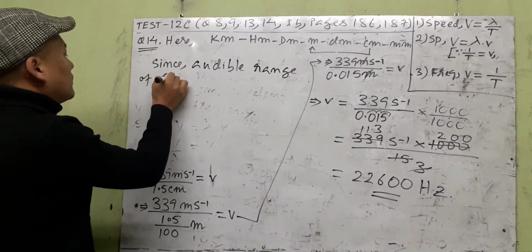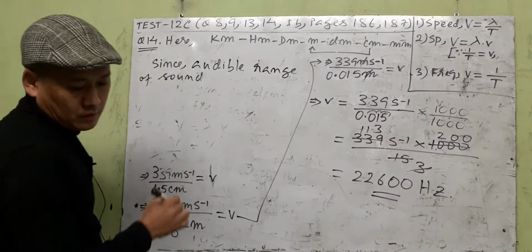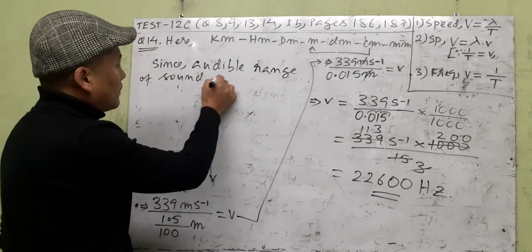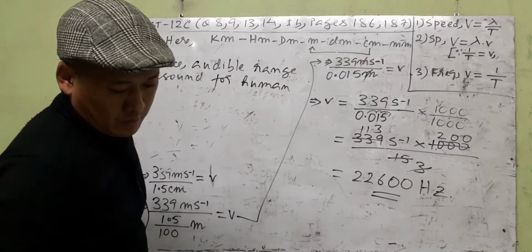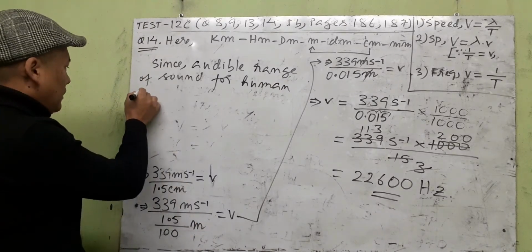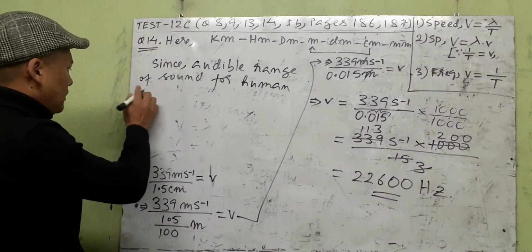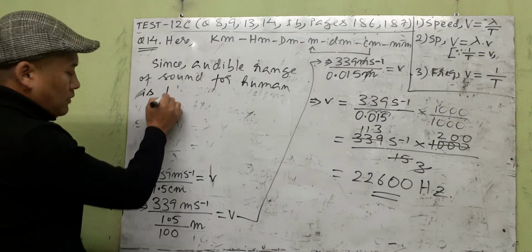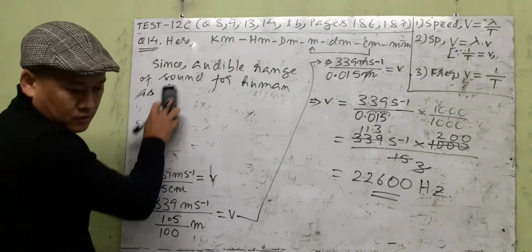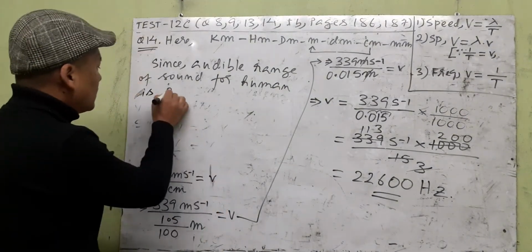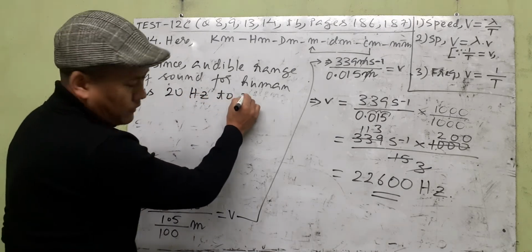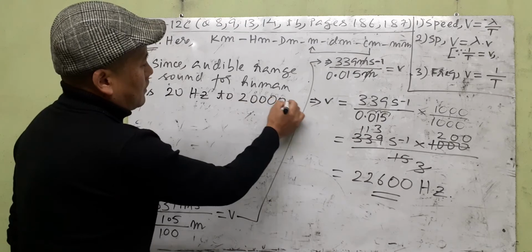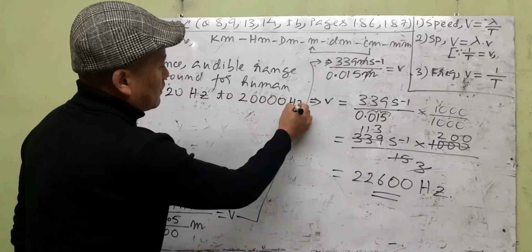Audible range of sound for human is the range is 20 hertz, okay, 20 hertz, general information, to 20,000 hertz, sorry.